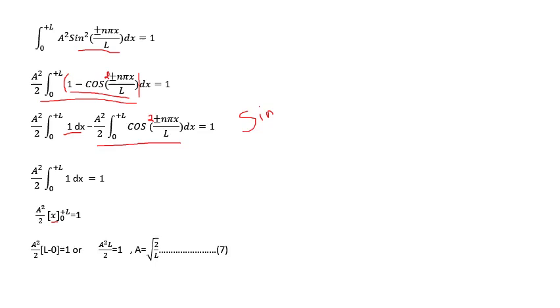When we substitute the upper limit, at the place of x we put L, and here L is also present in the denominator, so L is cancelled by this L. So what will we get? We will get sine 2 n pi, and this sine 2 n pi is equal to what? 0.